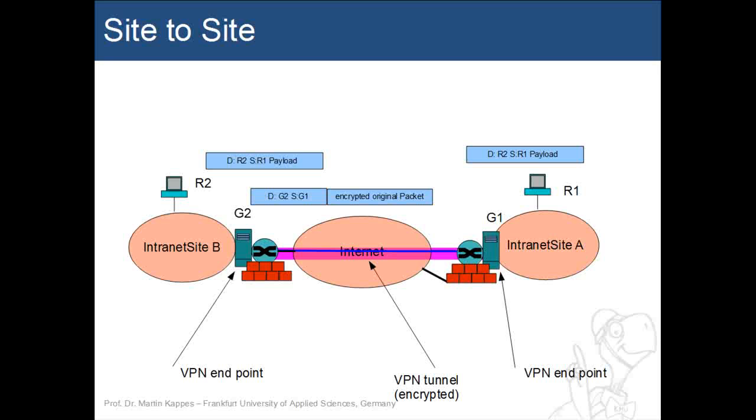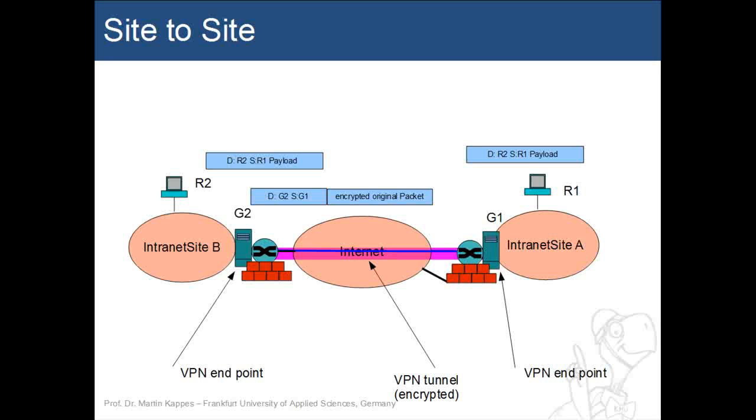So what you see here is a company, and this company has a site A and a site B. And of course, both of the sites are connected to the internet, as you can see here, but it is not far-fetched to think that each of these sites might also have resources that need to be accessed from the other site.